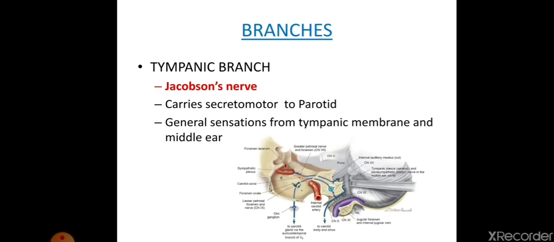So it has both afferent and efferent fibers. The secretomotor fibers to the parotid are general visceral efferent fibers. Remember, all parasympathetic secretomotor fibers come under the functional component called general visceral efferent, and the general sensation from the tympanic membrane comes under the functional component called general visceral afferent.